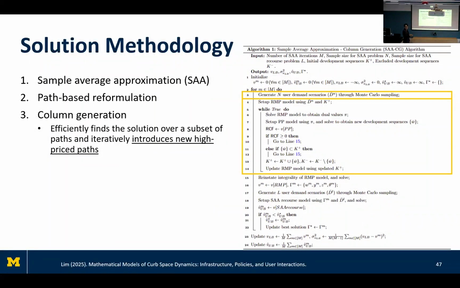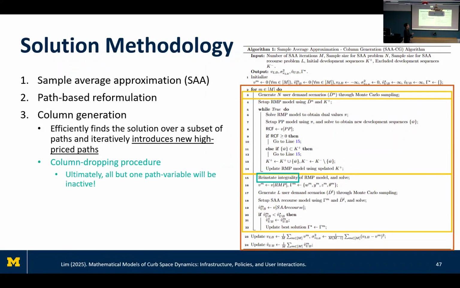We'll solve a column generation problem where we introduce new path variables until we identify no path variables with a negative reduced cost. We reinstate the integrality of the problem. We solve the feasibility problem to check the recourse of the problem. And then we do this a number of times until we find a good quality solution.